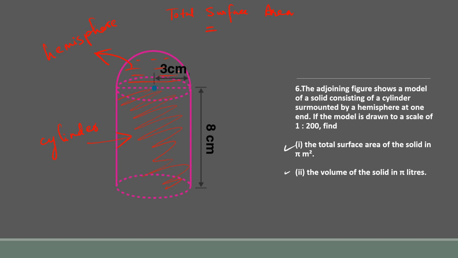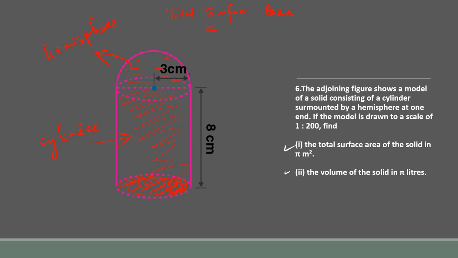So to find the total surface area of the solid, you can find the surface area of the hemisphere first. Basically the curved surface area of the cylinder and the hemisphere. Since they have asked for the total surface area, add this circular lid, this circular base, to the curved surface area of the cylinder and the hemisphere.